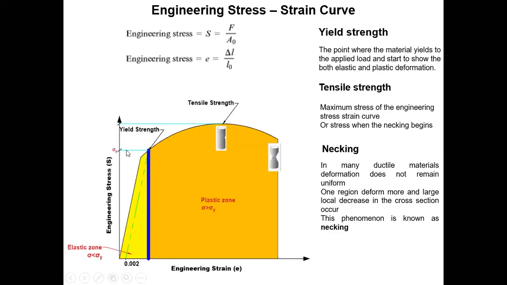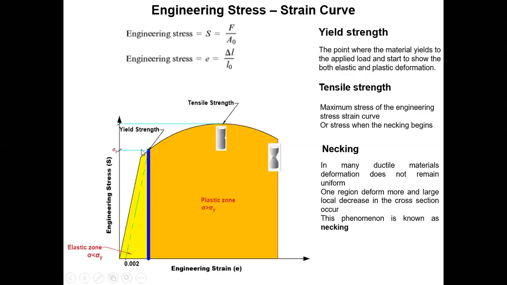So this point we call the yield point. The stress we call yield strength, right? So this is the definition of yield strength, the point where the material yields to the applied load and starts to show both elastic and plastic deformations. After this point, the material behaves as a plastic material, right?